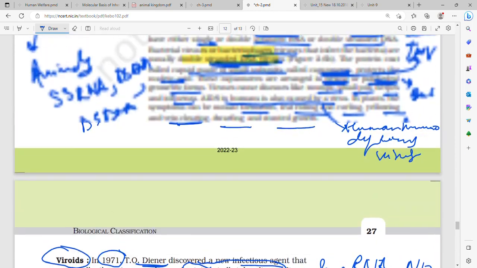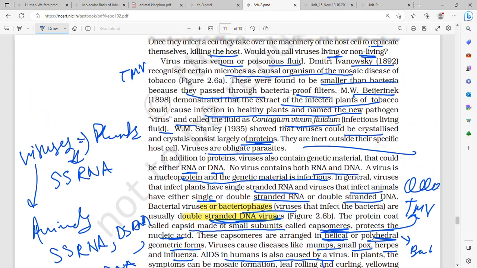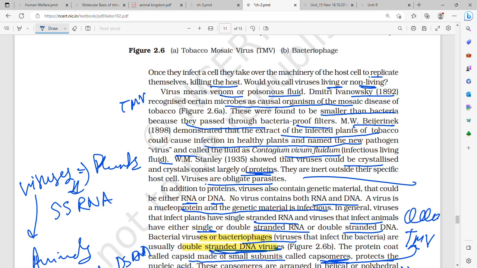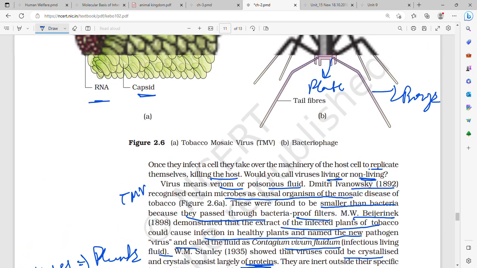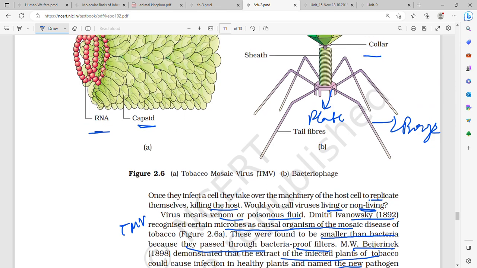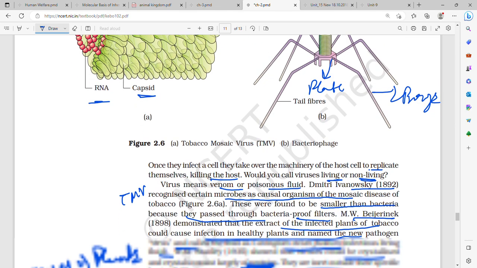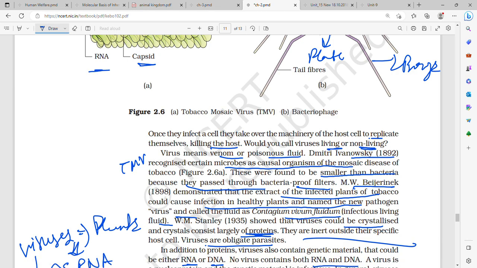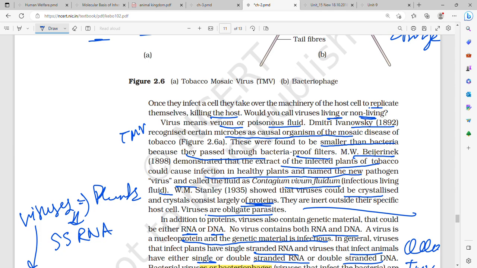Firstly, Dmitri Ivanovsky found that the virus passed through the bacterial filter, meaning it is smaller than bacteria. Secondly, after Ivanovsky, M.W. Beijerinck said contagium vivum fluidum, demonstrating that extract of an infected tobacco plant could cause infection in a new plant.